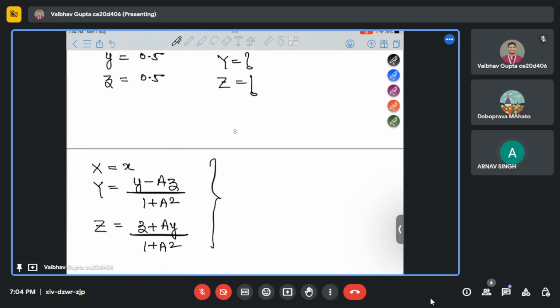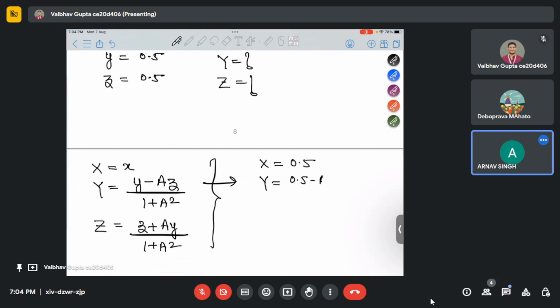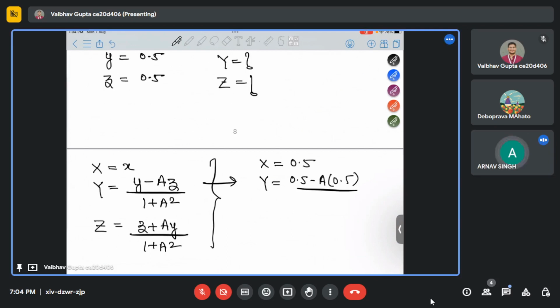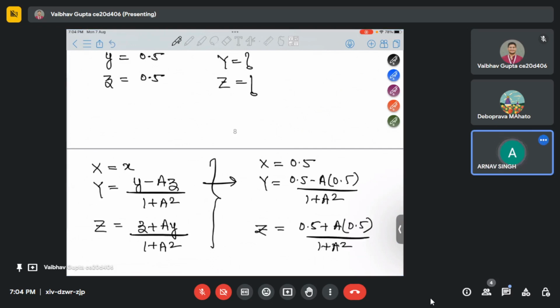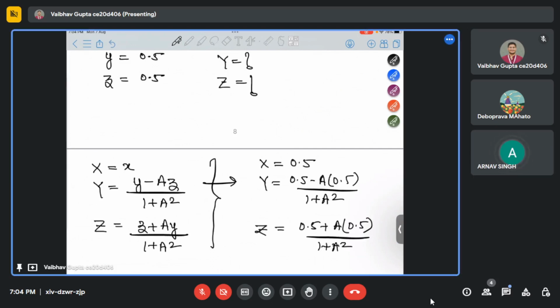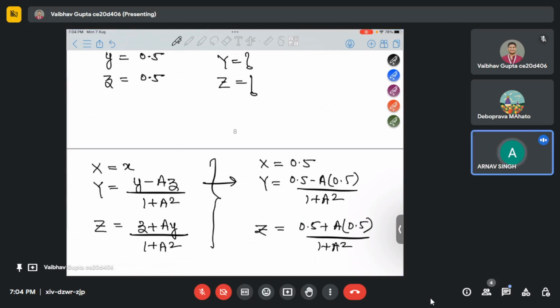So now you have to put the values of small x, small y and small z. So capital X becomes 0.5, capital Y becomes 0.5 minus A into 0.5 over 1 plus A square, and capital Z becomes 0.5 plus A into 0.5 over 1 plus A square. So this is the answer.